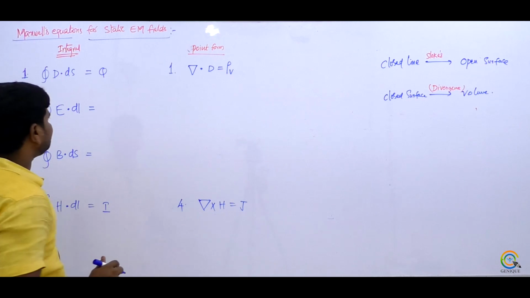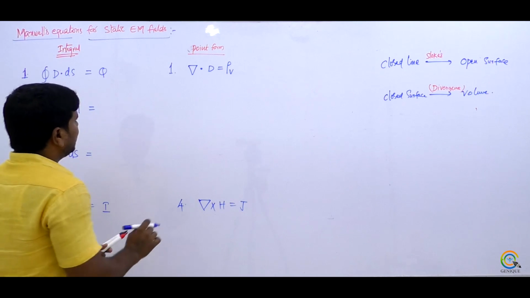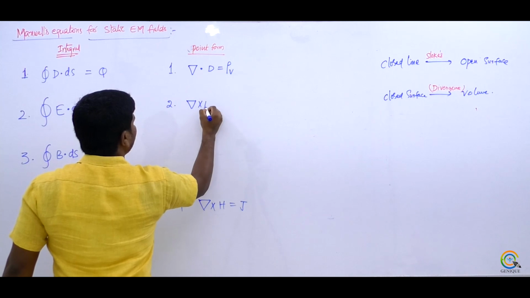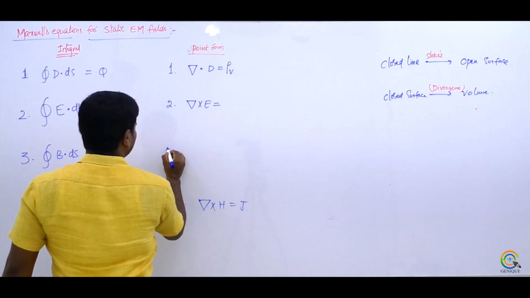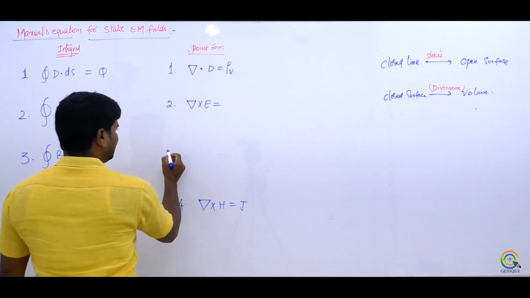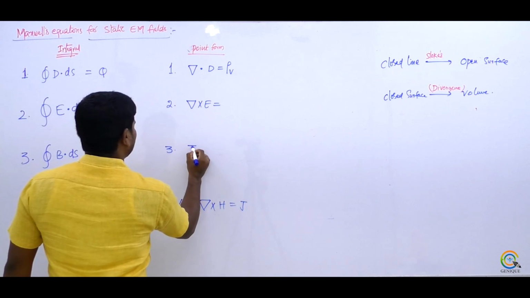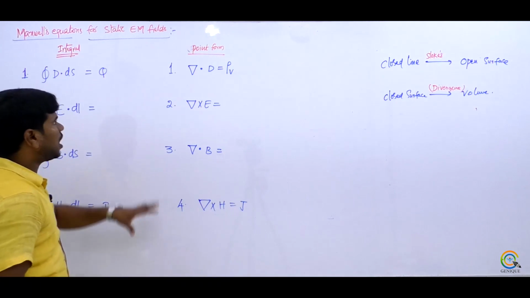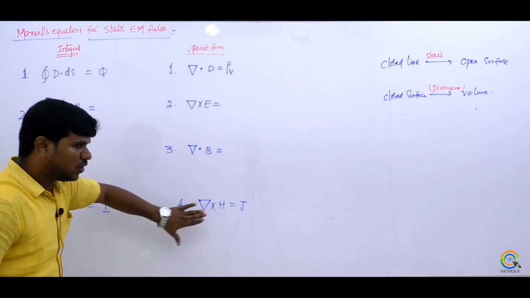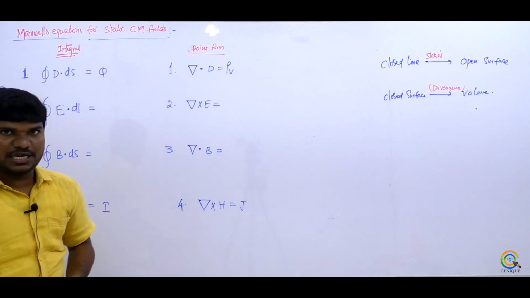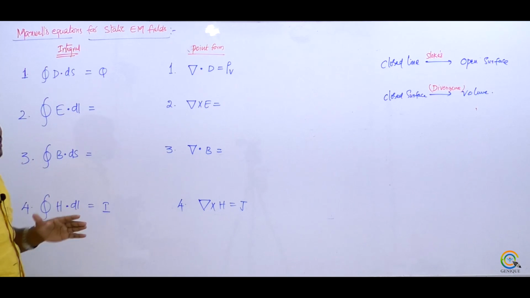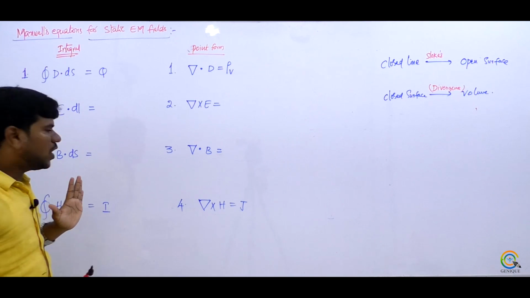Then del cross E equals something, and del dot B equals something. Already we proved these four. We have to know these equations. It is just a conversion using the Stokes theorem and the Gauss divergence theorem only.